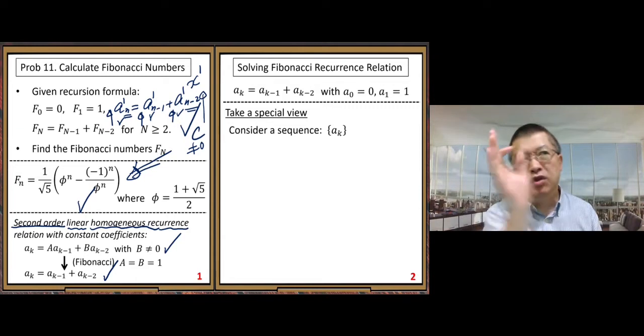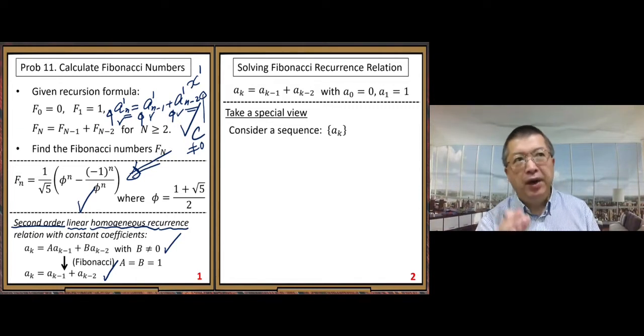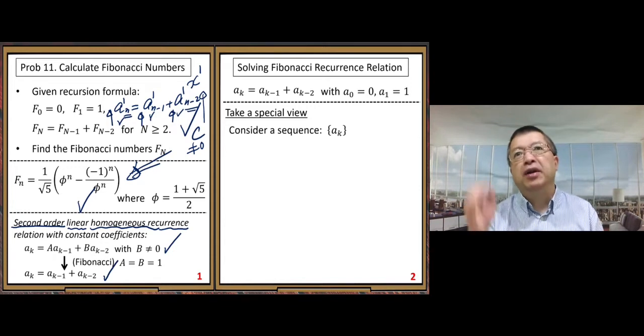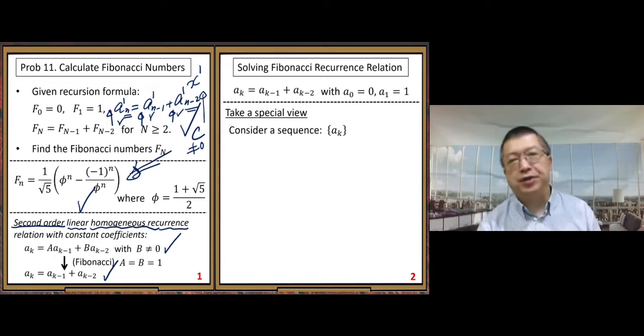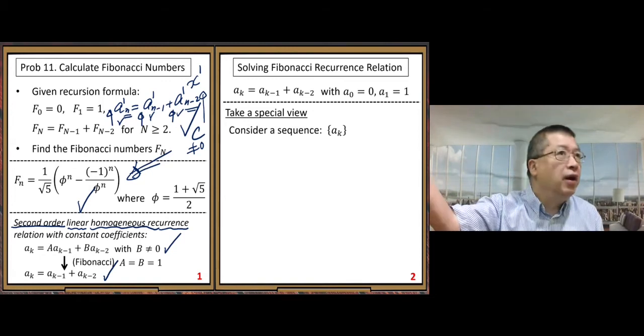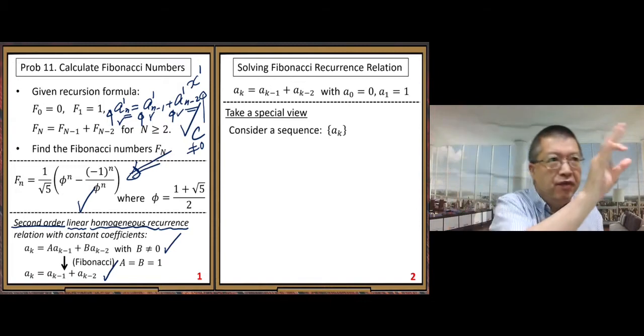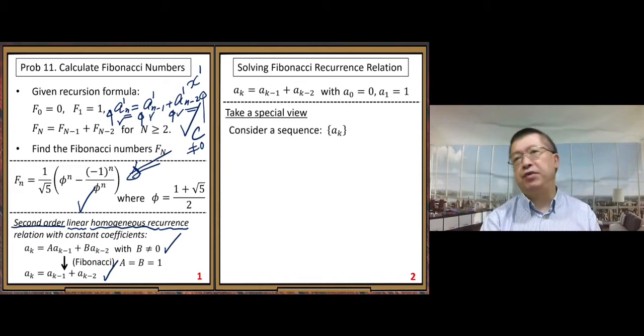So what's that? Here we can make a guess, but you have to make a smart guess, a reasonable guess. Your guess cannot come from nowhere. Your guess has to come from something related to this question. So that is important.